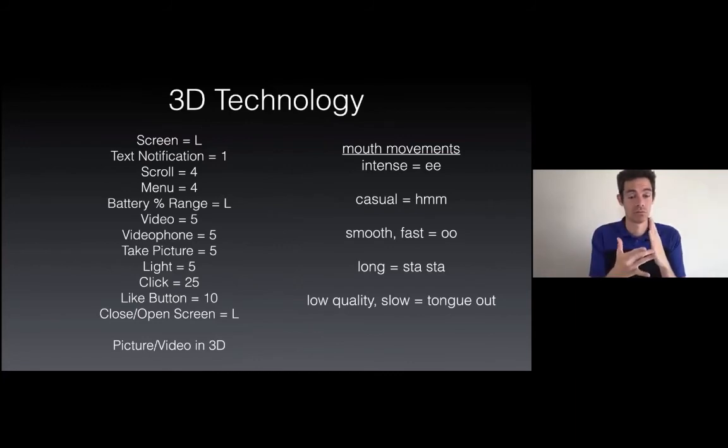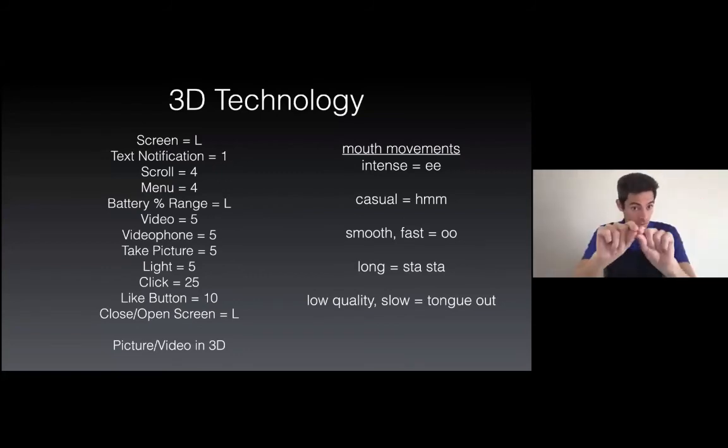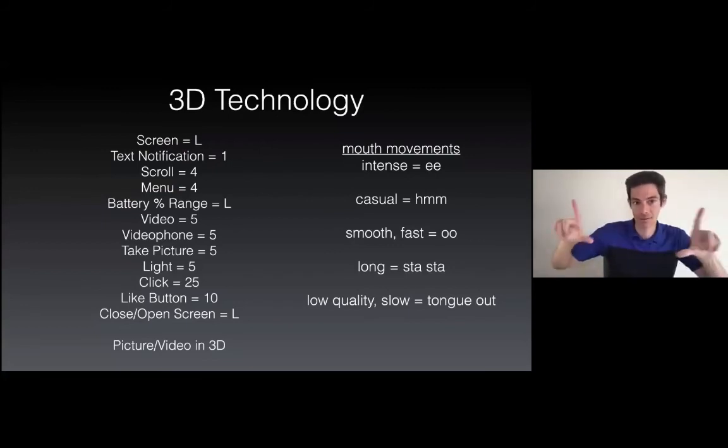So 3D technology, this is kind of a new addition to my teaching. This list has different hand shapes that represent, like, an L for a screen, like this, and closing and opening your screen to expand or contract, to click on something to expand and contract.